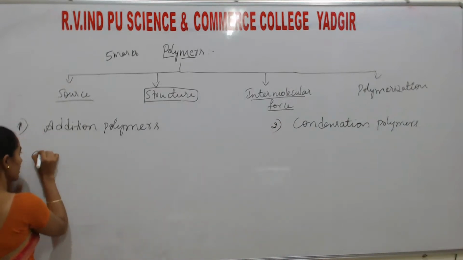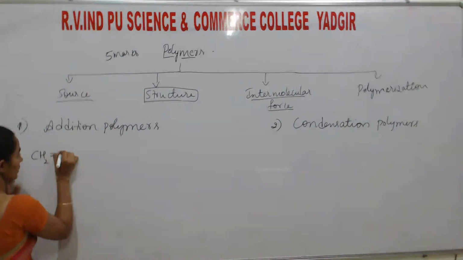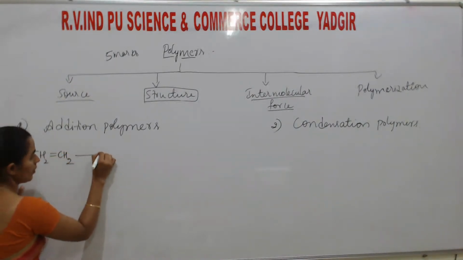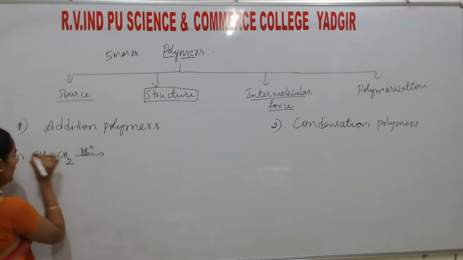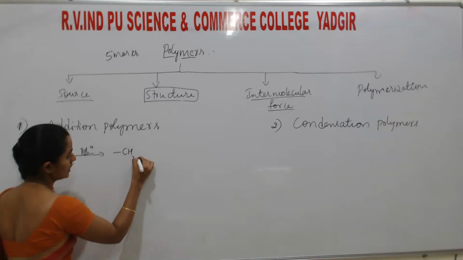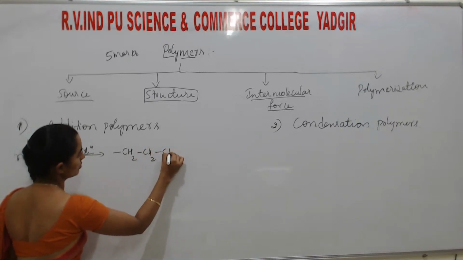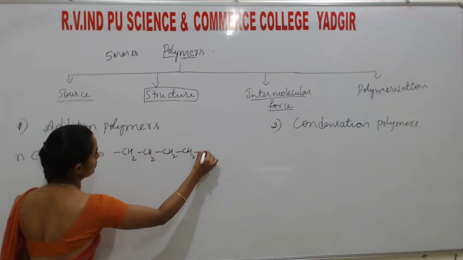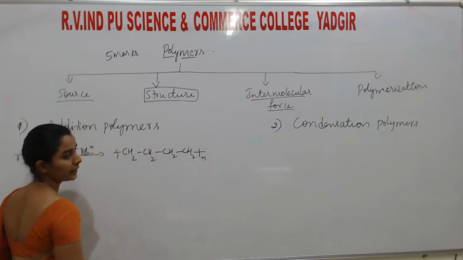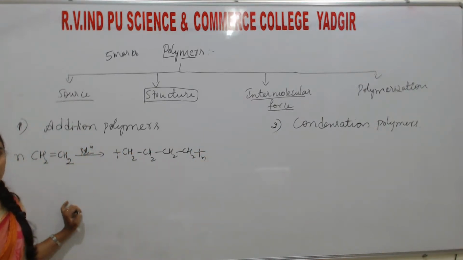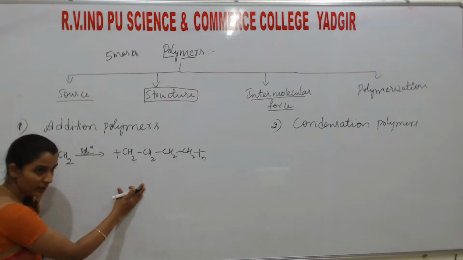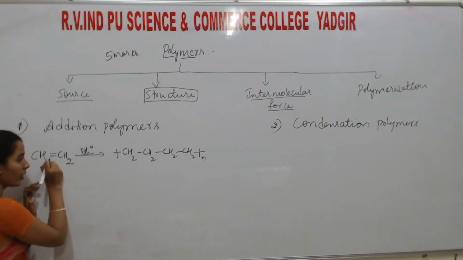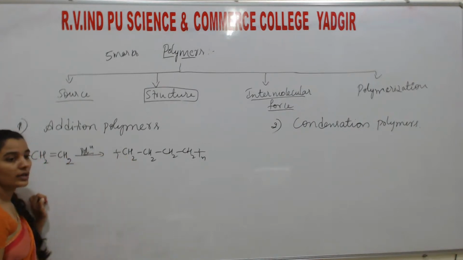Here I will take the example of ethene. Upon polymerization, n times, it will form CH2, CH2, CH2, CH2, and so on up to n times. Correct? Why is it called an addition polymer? Here the double bond changes to a single bond.